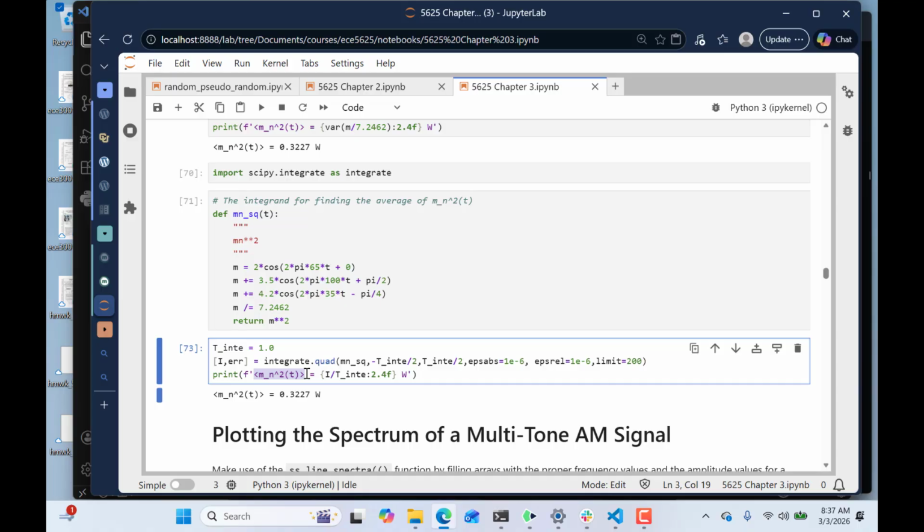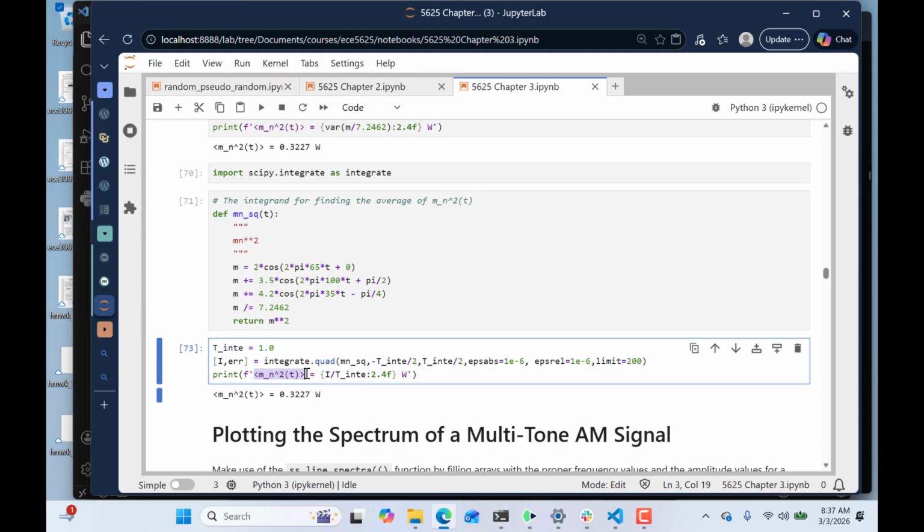I'm going to take the normalized message and run it out for a long time and average over, in this case, 1 second, which is what it amounted to with the model put together. So the average power over a 1 second interval, I get the same answer.